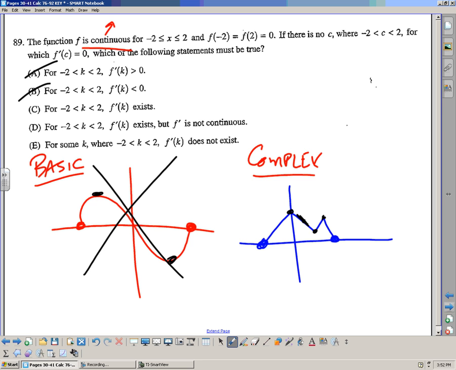D says f prime of x exists, but f prime is not continuous. Well, f prime of x does not exist at the corners. So there are x values for which the derivative does not exist, which is choice E, which you probably reasoned out by listening to my explanation.